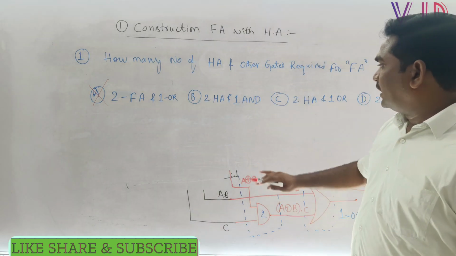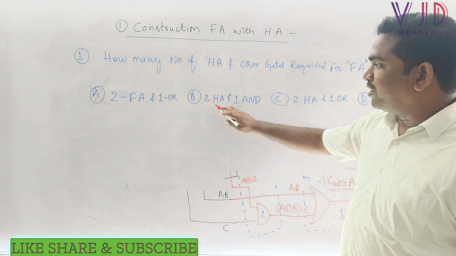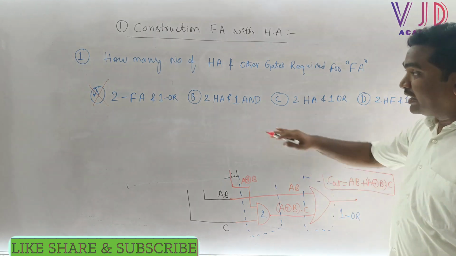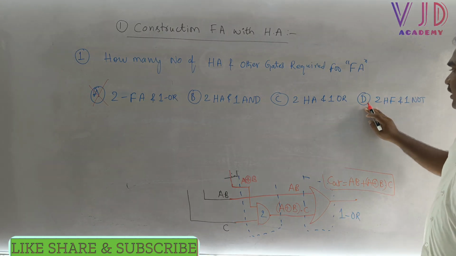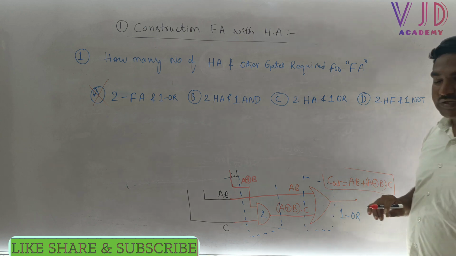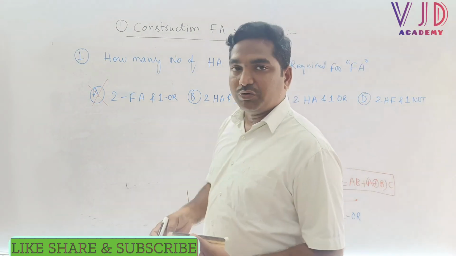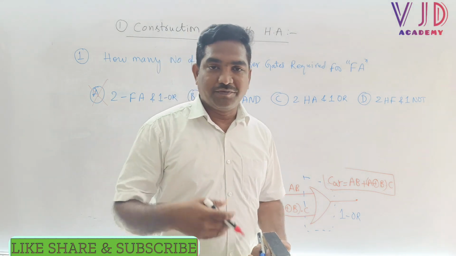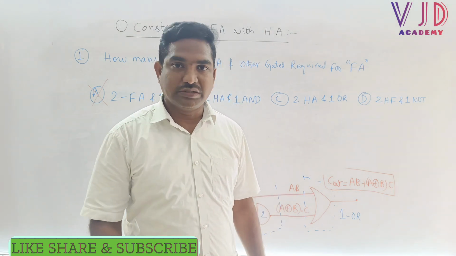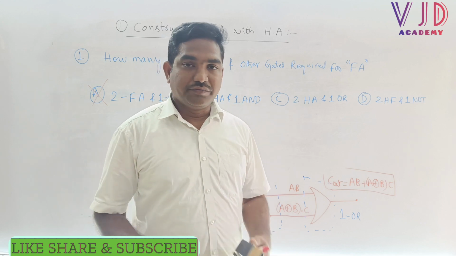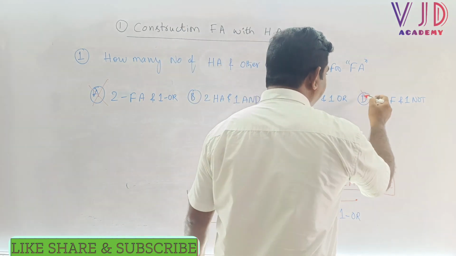Coming to the others: 2 half adders and one AND gate, 2 half adders and one OR gate, and 2 half adders and one NOT gate. To produce the final output, we do not use a NOT gate at all in the combination of carry out or sum, so we can eliminate option D.